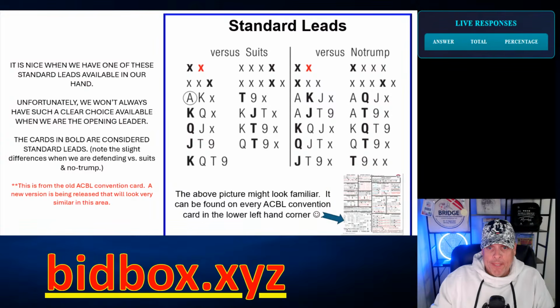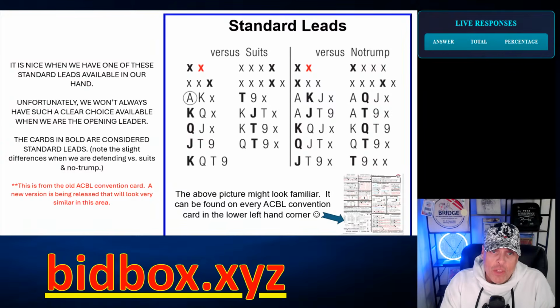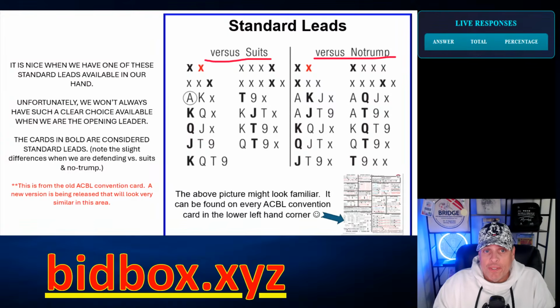This is where you'll see our agreements for standard leads. The left side has where we play versus suit contracts, and the right side has what we play versus no trump contracts. The cards in bold are standard. Anything bolded in that black color means it's standard, and this should make some sense.